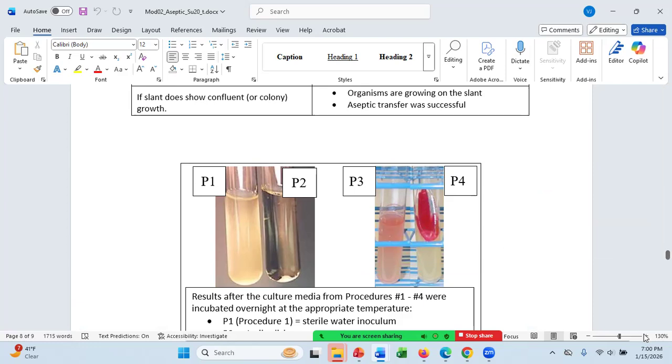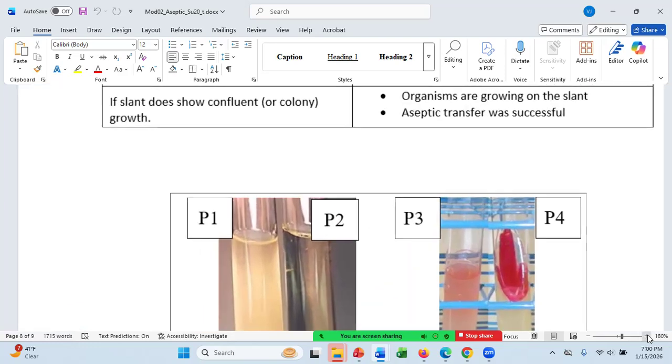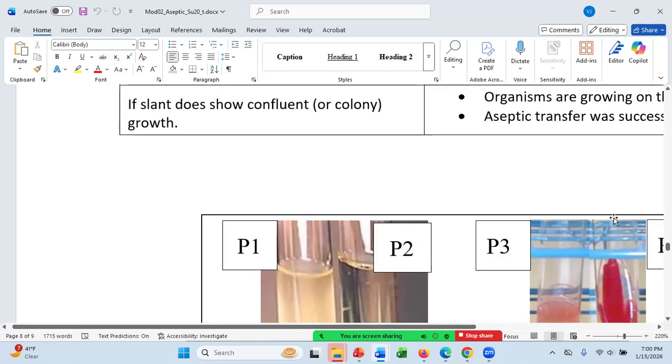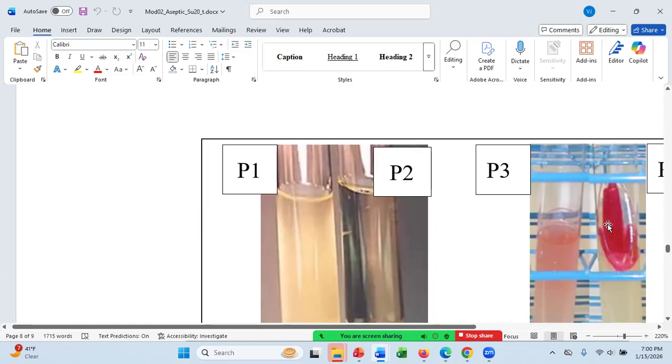But if you look real closely, let me blow this up way big. Scroll down now. You can see a little bit of agar right there and a little bit of agar right there. There's no growth in this region, so there's no contaminant. There is growth in this region here, and then something looks funny there.